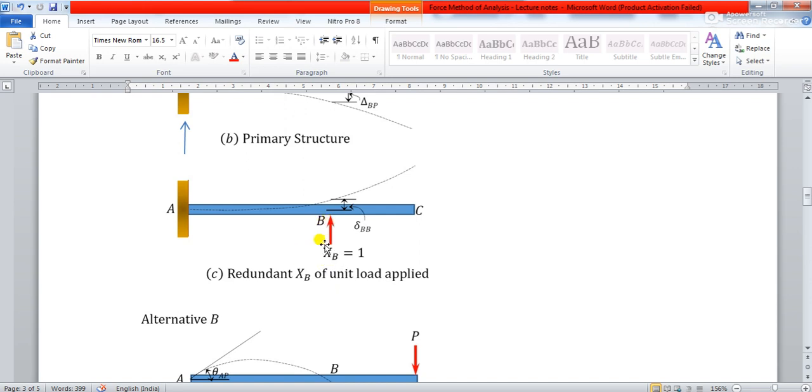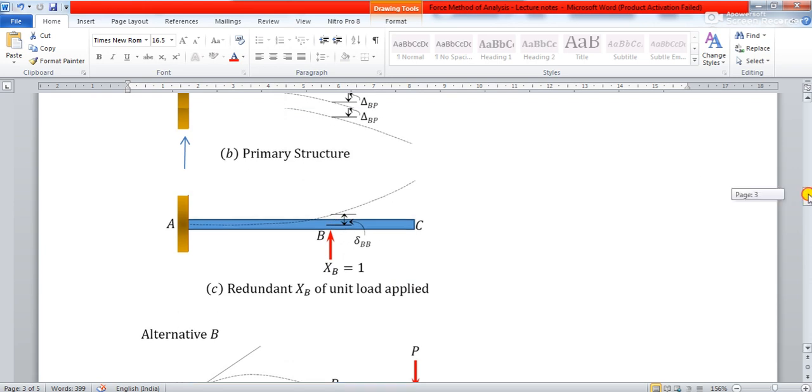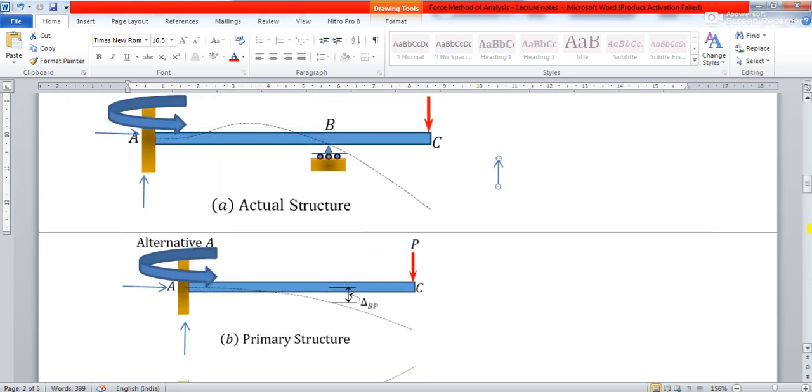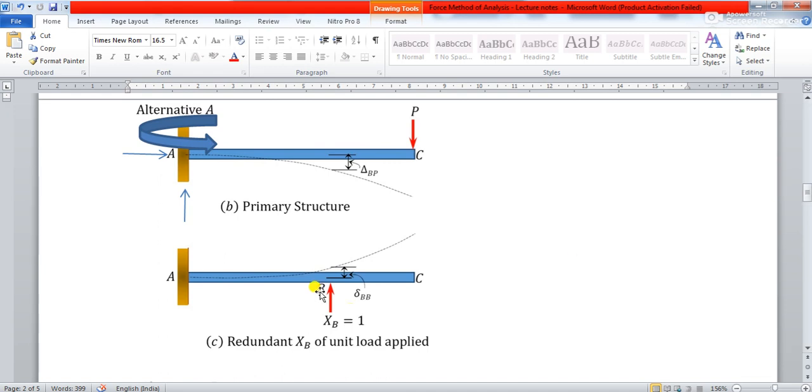So applying the redundant equal to 1, so redundant XB of unit load. Considering the redundant's value as unity, 1, you apply it at the same point from where you have removed that redundant, and on that primary structure you find out the deflection at the same point because of that redundant unit load.